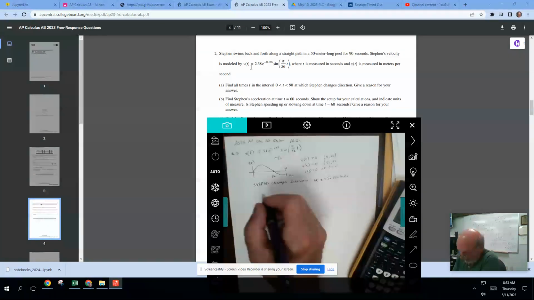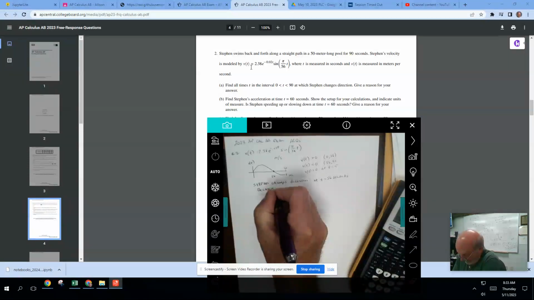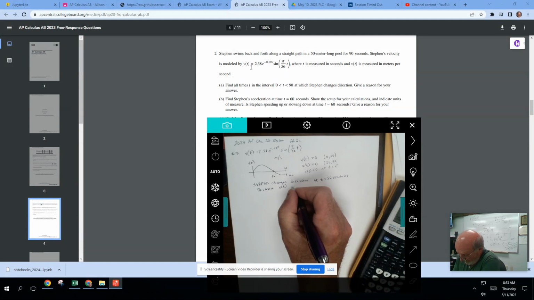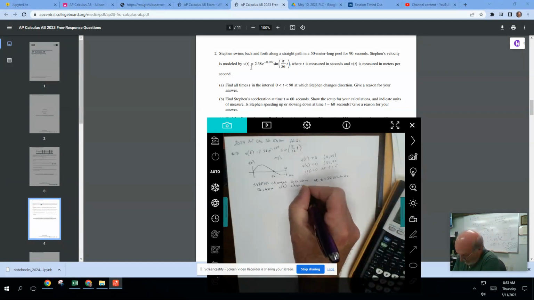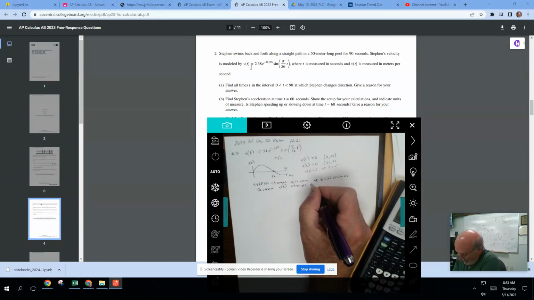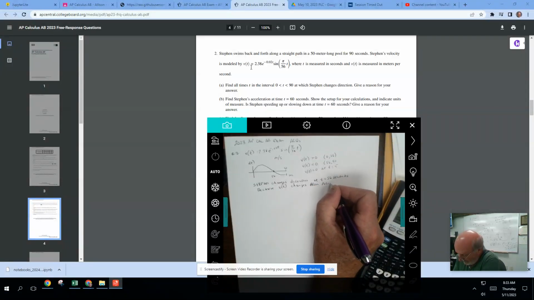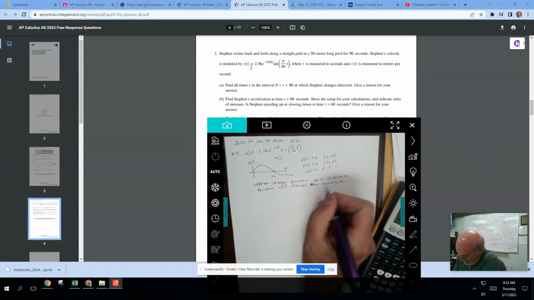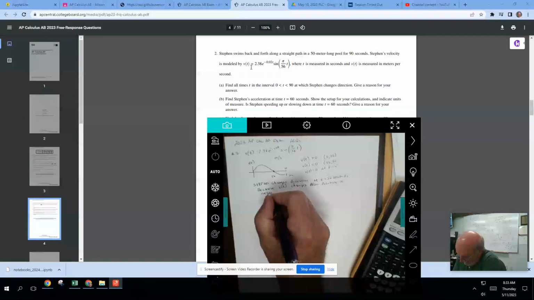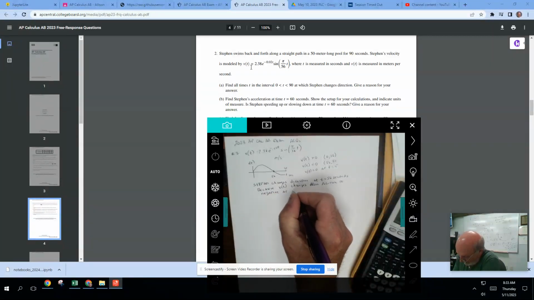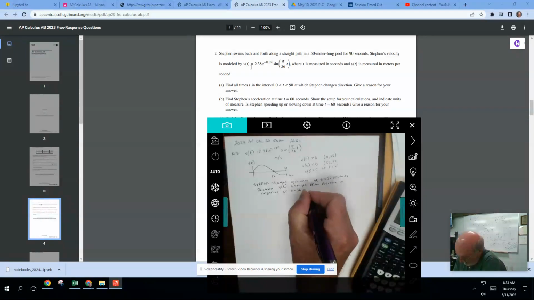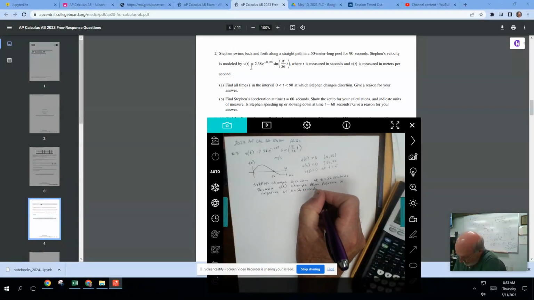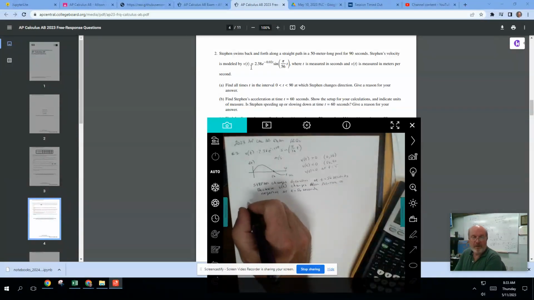Give a reason for your answer. And we know this because v of t changes from positive to negative at t equals 56 seconds. That's part A.